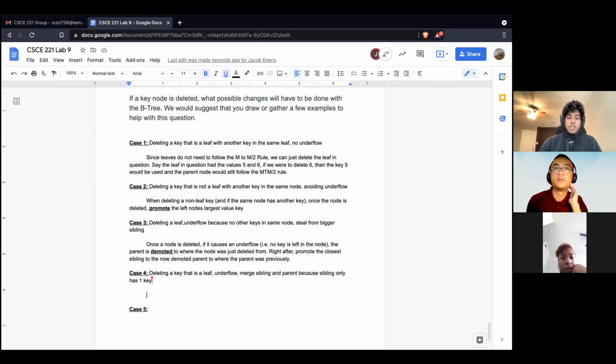Okay, so what exactly do I type here? Yeah. We're just going to merge the closest sibling and the parent and then demote the newly merged keys to the deletion location.